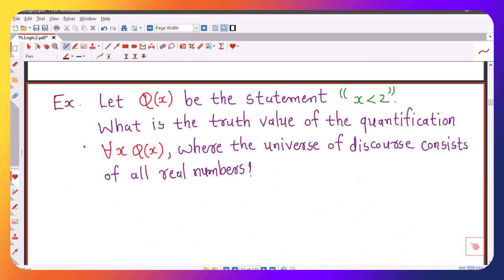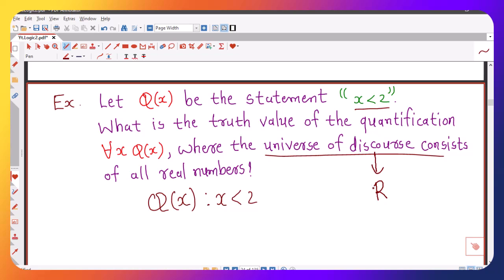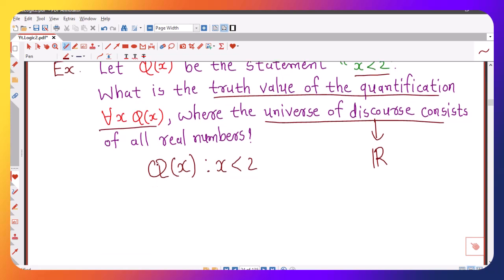I have taken another statement function which is denoted by Q(x). Q(x) denotes the statement function x is less than 2, and here the universe of discourse is again the set of all real numbers, and we have to find the truth value of the quantification for all x Q(x).